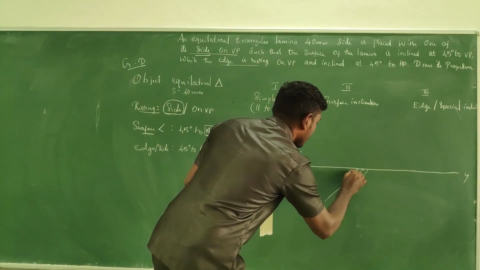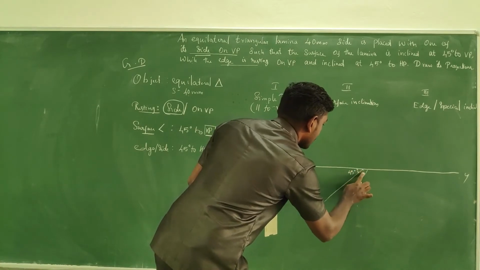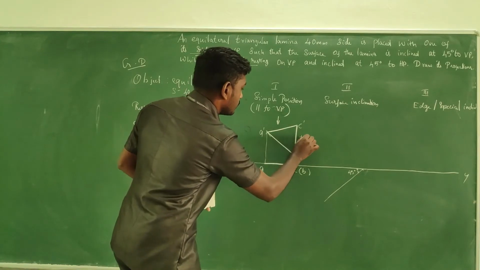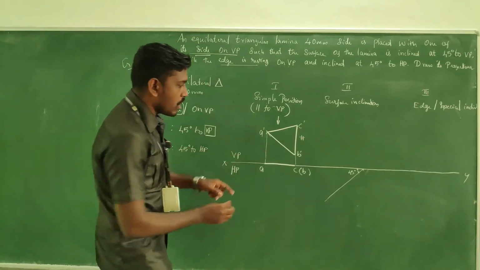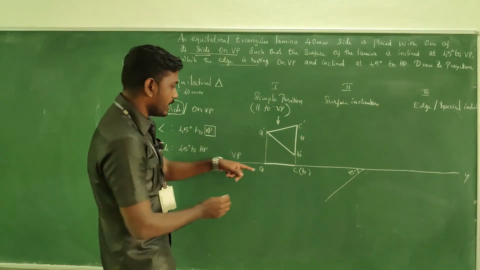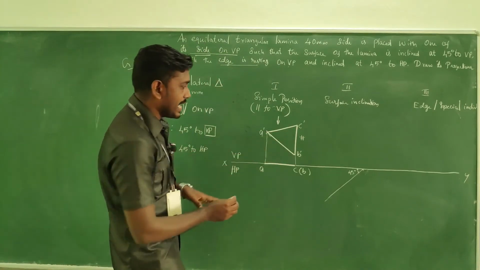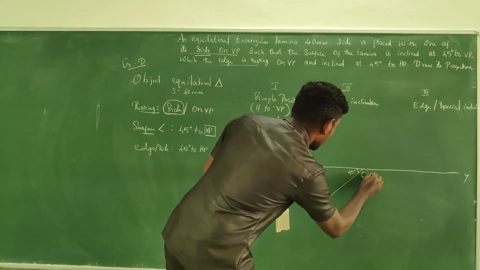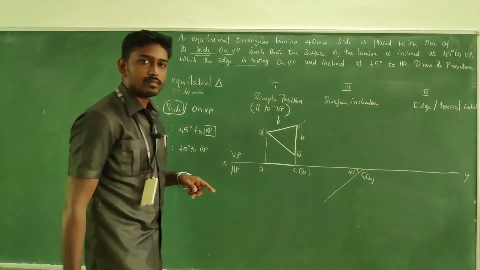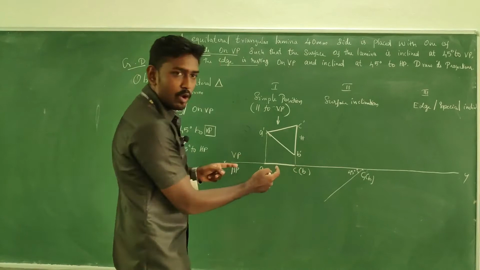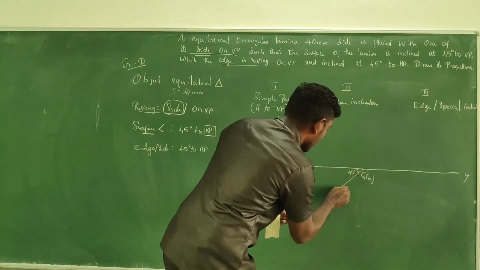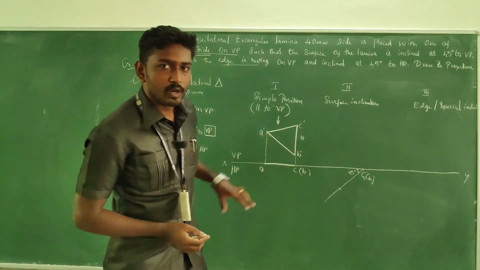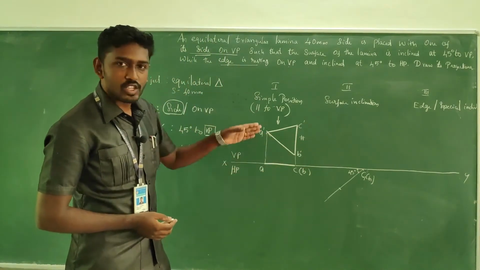We know C and B is the resting edge, so it must be on the XY line. C and B must be on the XY line. I am taking these points as C1 and B1. Then measure C to A. From C, just have a cut so that we can reproduce the side length of the top view in the second stage.